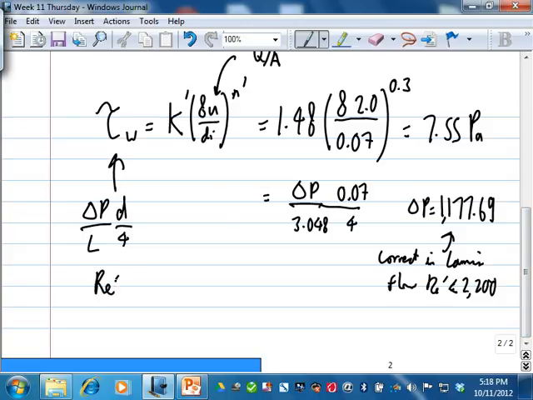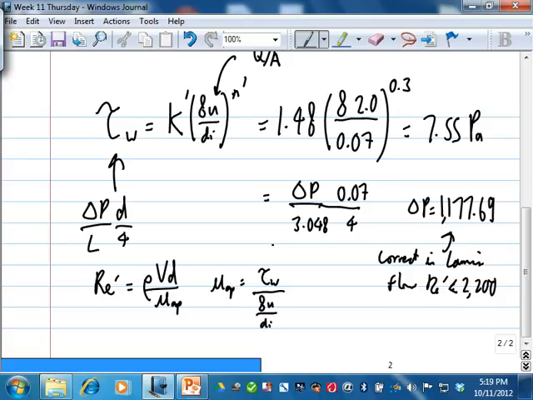Re prime is equal to rho V D over mu AP. Mu AP is equal to, what's mu AP? Mu AP is the shear stress on the wall over 8U over Di.